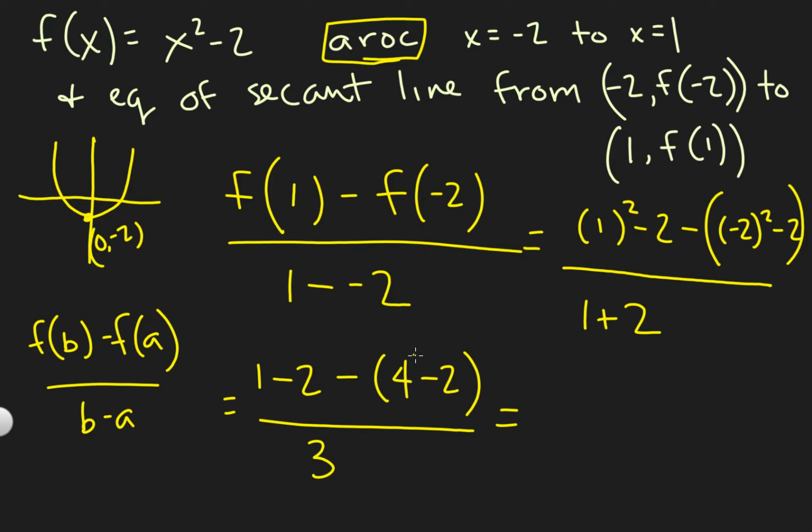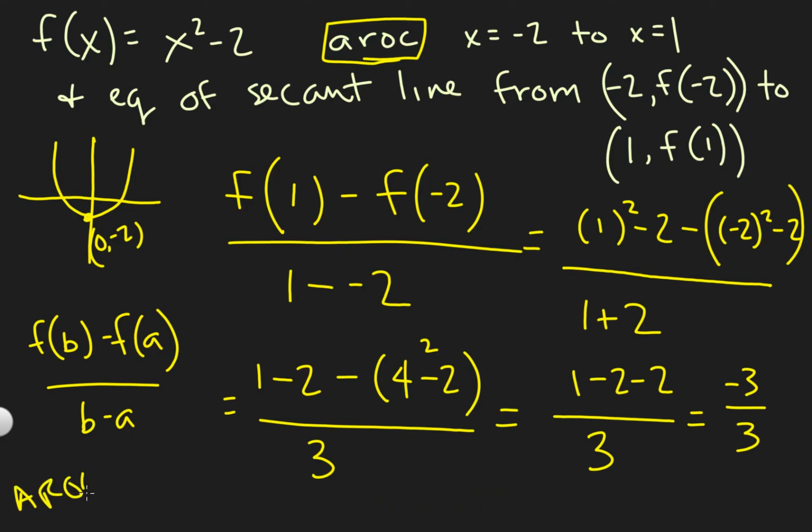What can we simplify here? So this is really 2. So we get 1 minus 2 minus 2 over 3, which gives me -3 over 3, which is an average rate of change of -1.